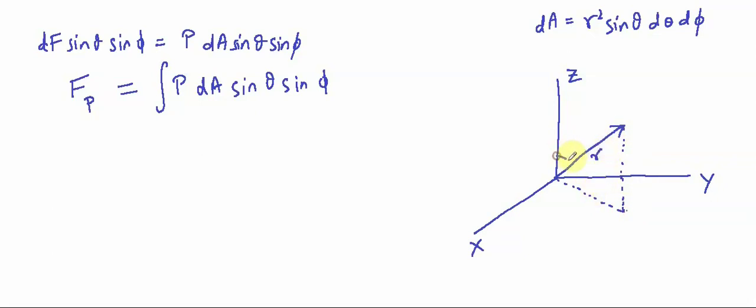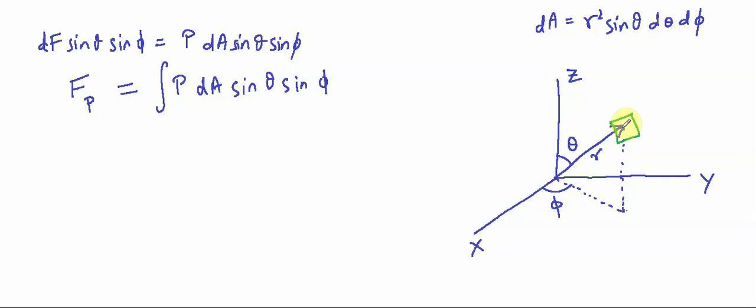This angle we call theta, and this angle we call phi. Now I want a patch over here near our position vector. By the way, you can imagine that this patch is a part of a sphere whose radius is r. So this is what we have.